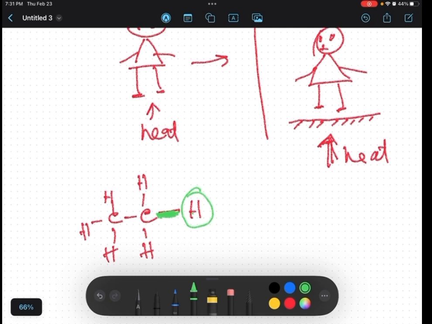Okay, and now consider another proton which is connected next to a chlorine, hydrogen, and another carbon, maybe like this.